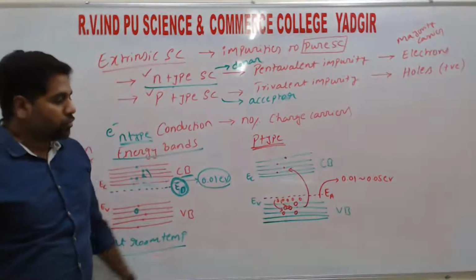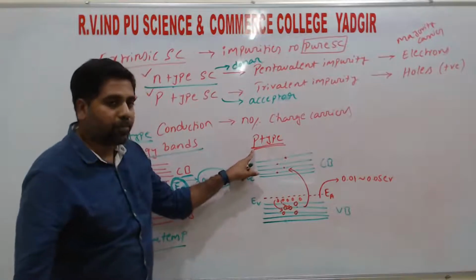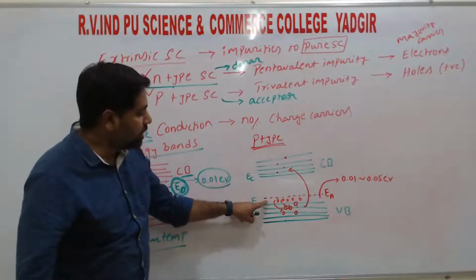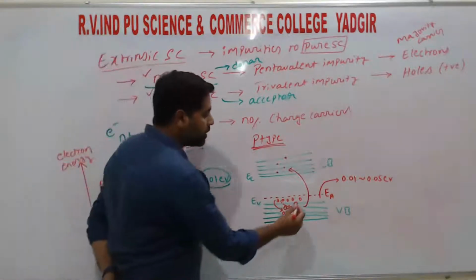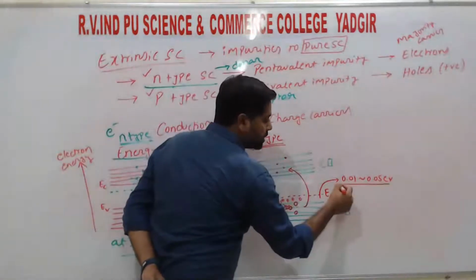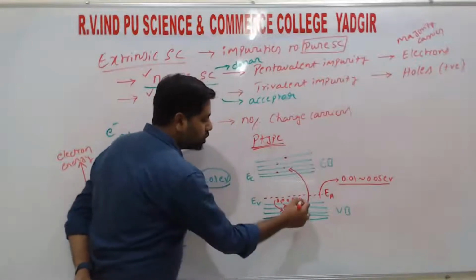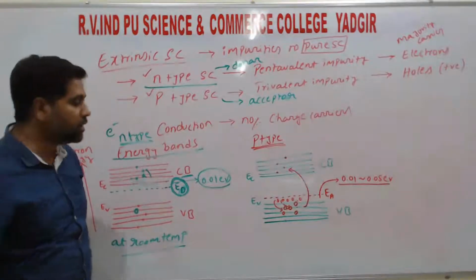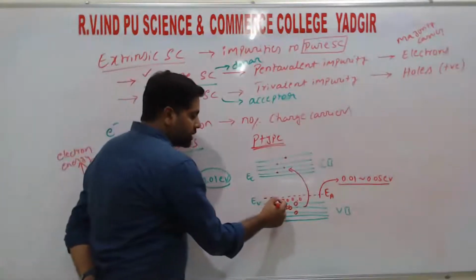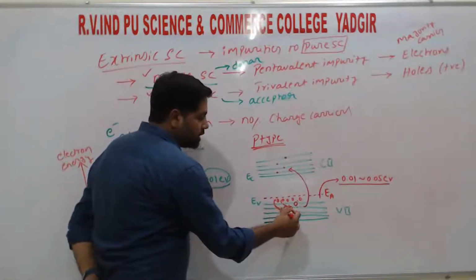So this is in p-type. In p-type, the energy level is formed just above the valence band, right? Here what happens for a low energy at room temperature, the holes which are present in the energy level EA, that is the acceptor, get ionized and fall into the energy levels.